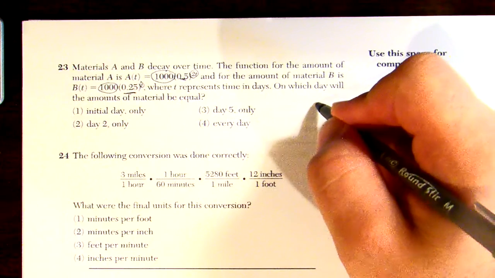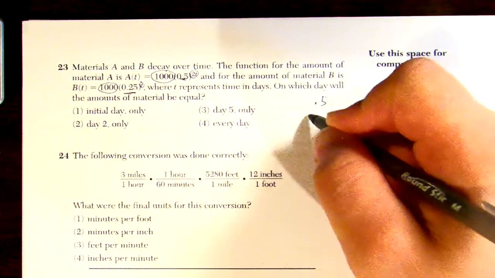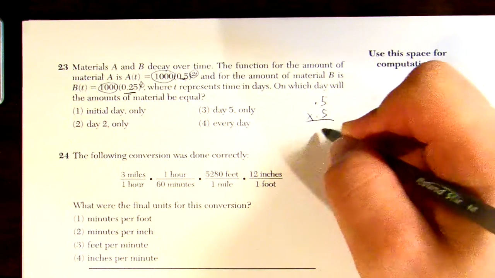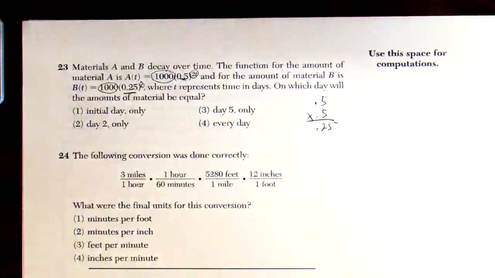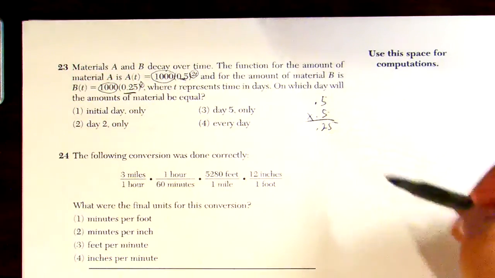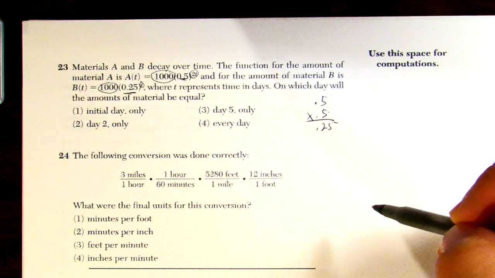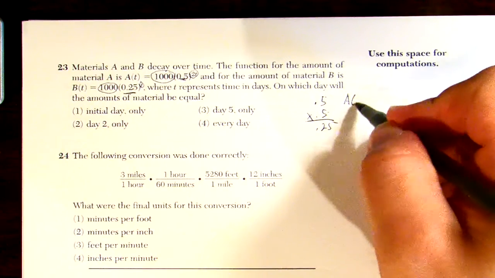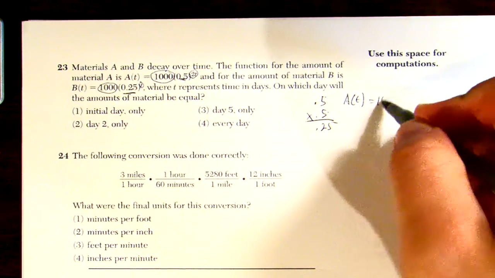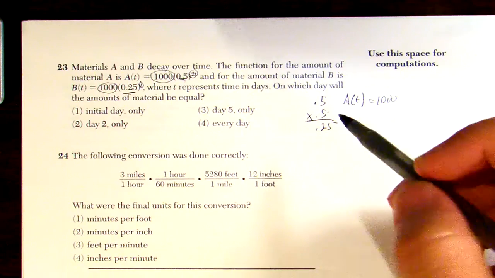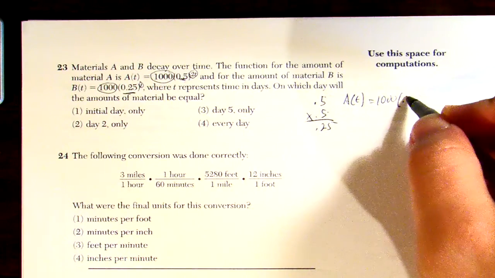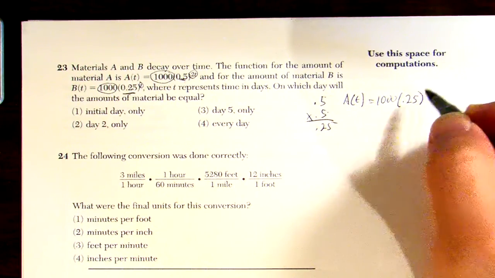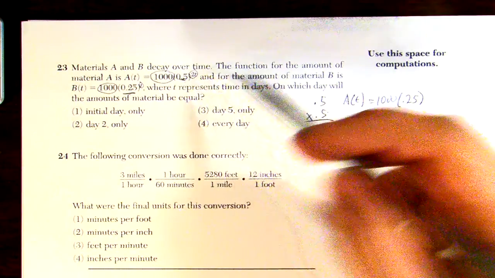So a 0.5 times a 0.5 is a 0.25. So if you didn't know this part, you could plug that in your calculator. So what could go in parentheses is, for A of t, technically, 100 stays the same, and I could actually have a 0.25 in a parenthesis, and because I used the 2, the t is left.